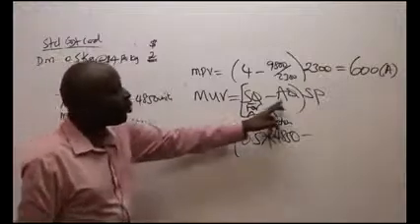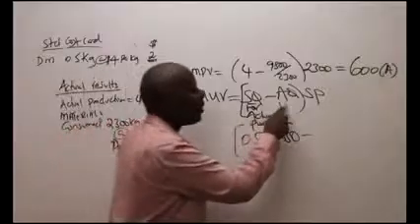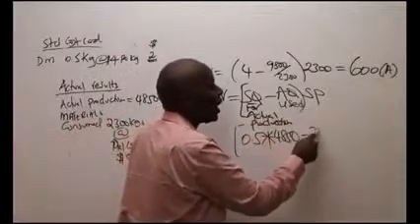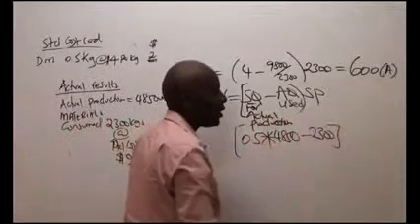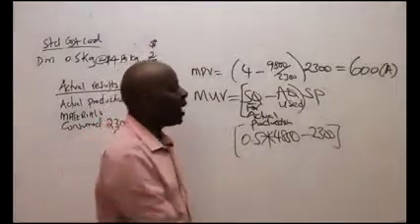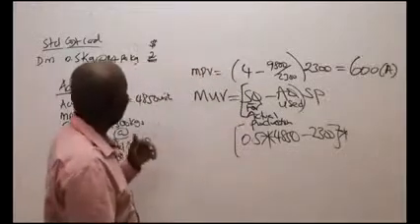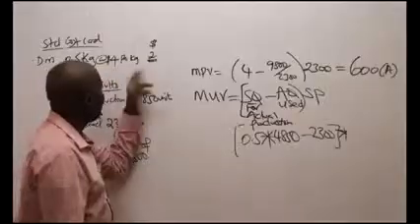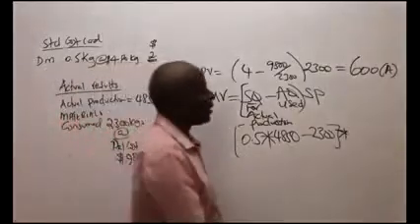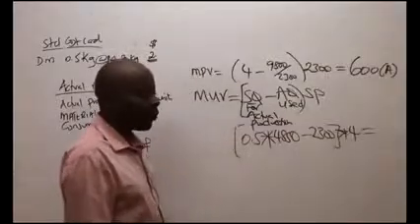Minus the actual quantity of raw materials that was used, which you guys gave me a figure of 2,300, multiplied outside here with the standard price per kilogram. The standard price per kilogram is 4.